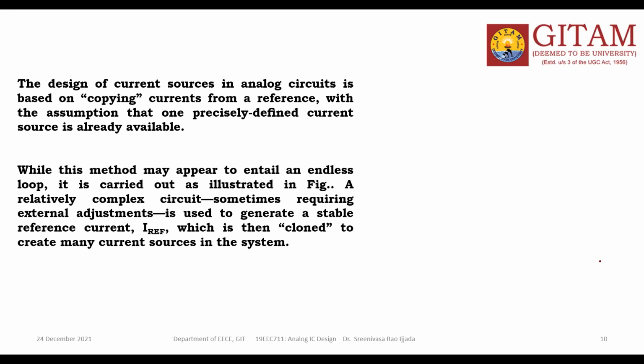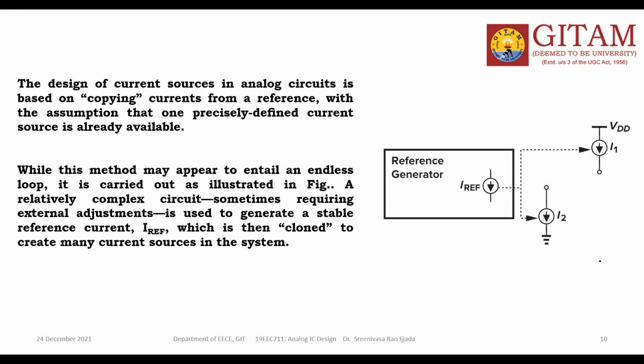While this method may appear to entail an endless loop, it is carried out as in the figure here. This is my reference current source. I put all my effort on this current source to produce a constant, stable current.